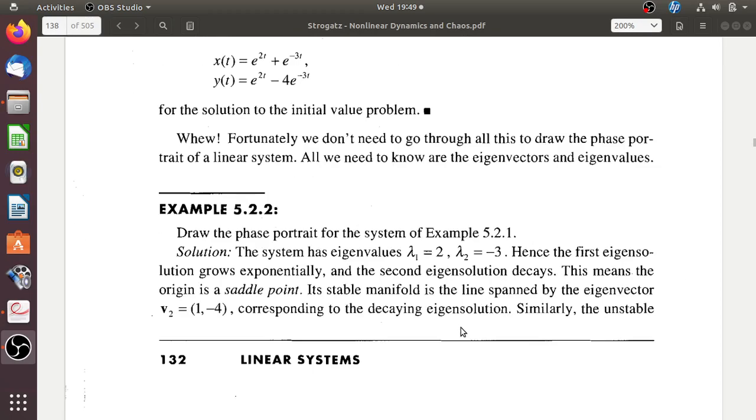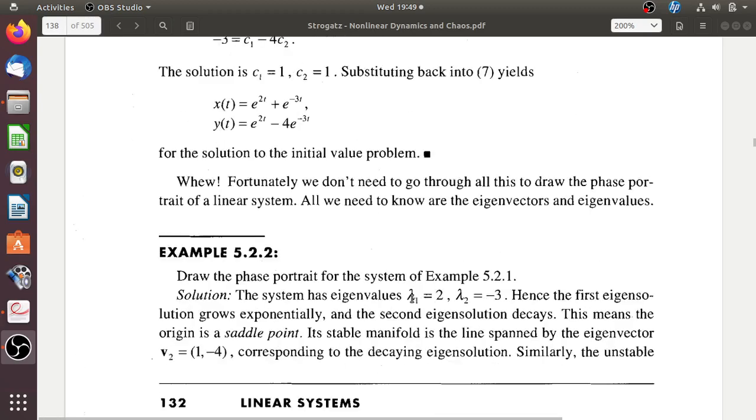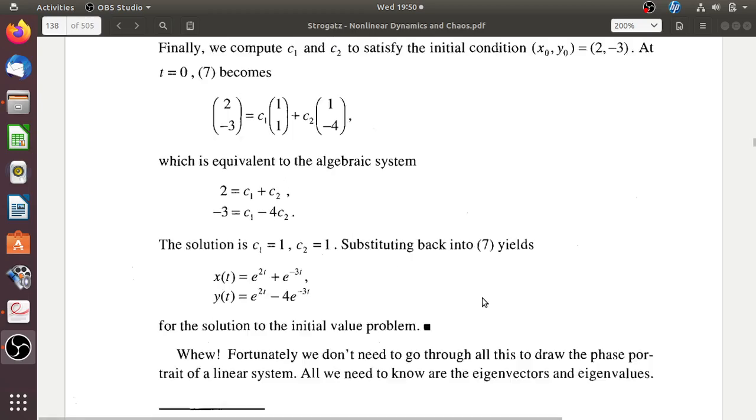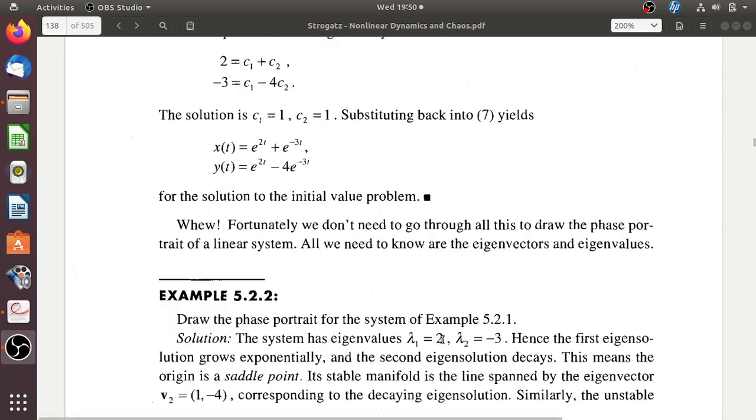So this is for the same system. Now this is one eigenvalue and this is another eigenvalue. For this eigenvalue, what can I say? Along this line, if my initial condition is along this line, is it going to go towards 0 or away from 0?